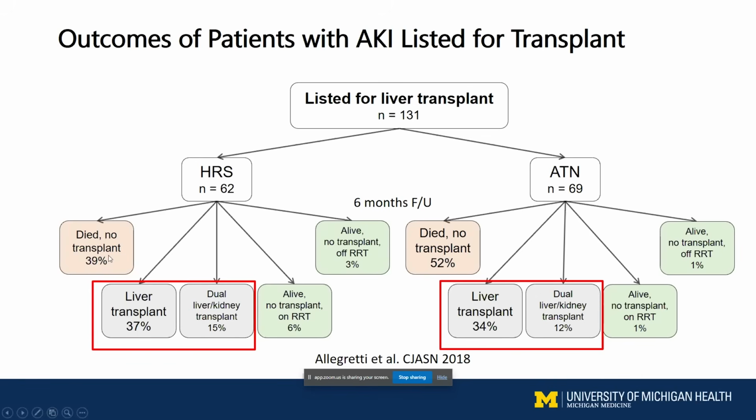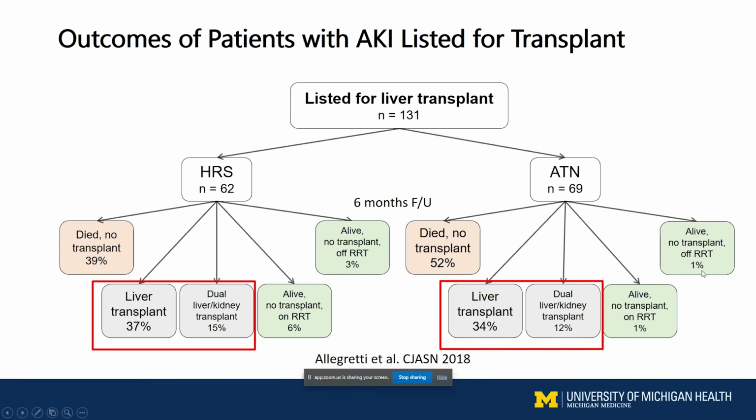So mortality is pretty high, and a very small number of patients were alive, and only 3% were alive without RRT. Again, in the ATN group, 52% of the patients died, and only 1% were alive without RRT.